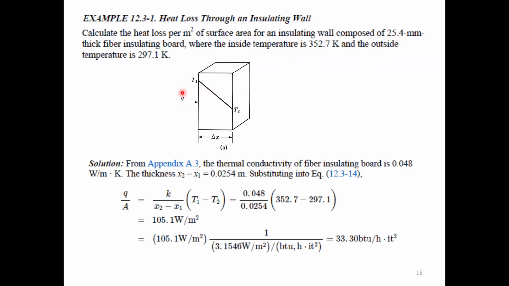If we consider this to be 352.7, heat is being lost from inside to outside, and the outside is at 297.1 Kelvin. And this is your equation. All the terms are given except for thermal conductivity, and you can use a thermal conductivity table. In this book, you can look at appendix A3 to fish out the thermal conductivity, with which you can solve for the heat transfer flux.